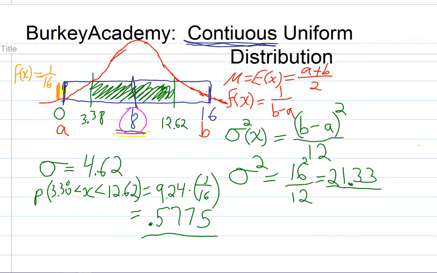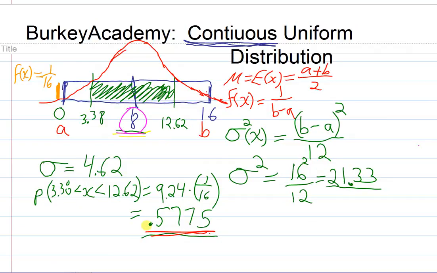And the empirical rule says that if your data has a bell-shaped distribution, not like a flat box, you'd have about 68% of your probability, or 68% of your data, within one standard deviation. With this flattened distribution, we only have about 58% of the probability within one standard deviation.